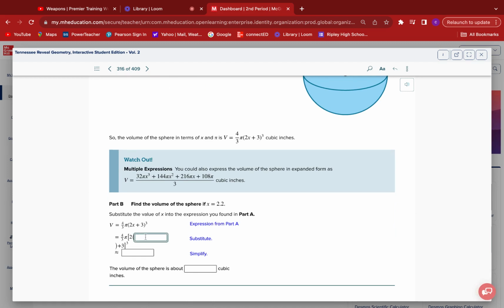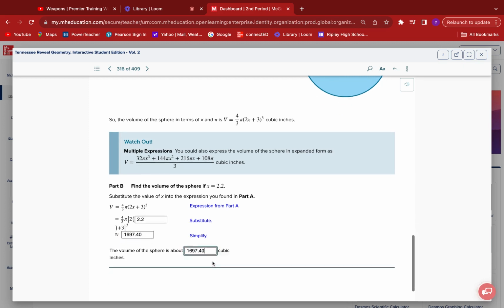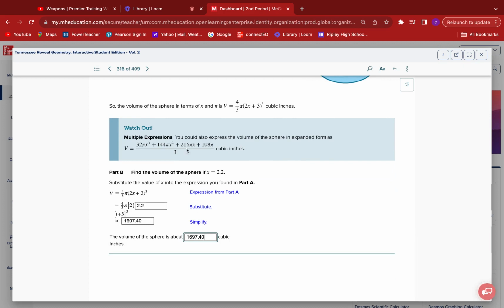So it'll be 2.2 times 2, and then plus 3 to the power of 3 times 4/3 times pi. All right, good grief. 1,697.40 cubic inches. All right, there you go.